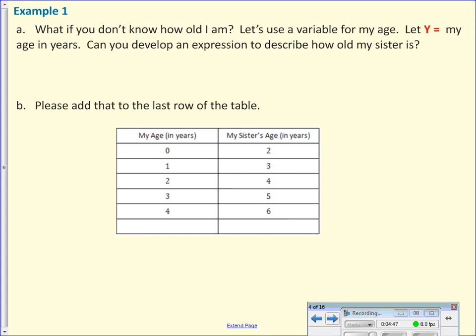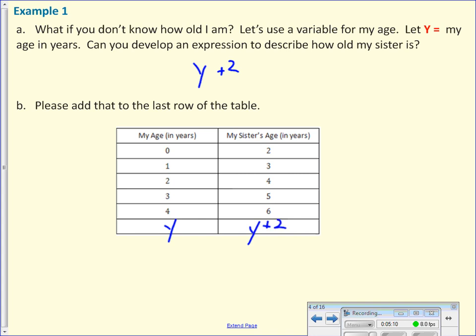I don't want to keep extending the table and keep saying what if, what if. So why don't we use the y? So no matter what my age is, what do we keep doing? Adding 2. So when my age is y, my sister's age is my age plus 2.